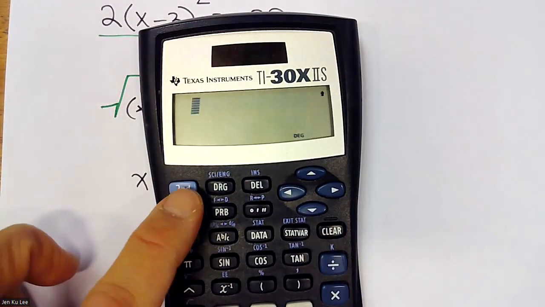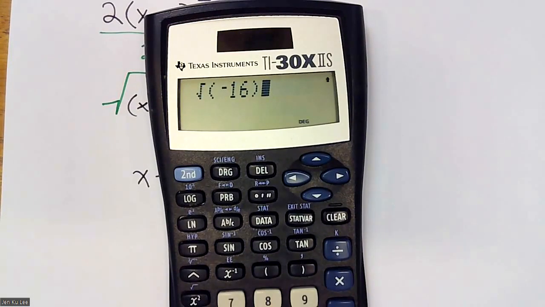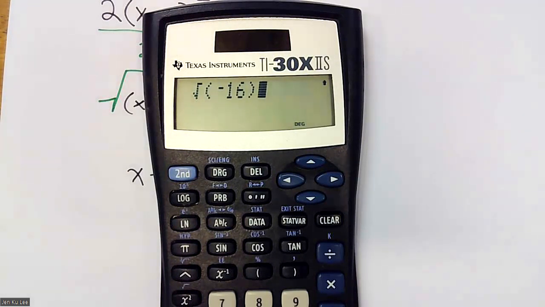If I put the square root of negative 16 in my calculator, what does the square root mean? Two numbers, right? Or one number times itself equals that number, right? Does that make sense?